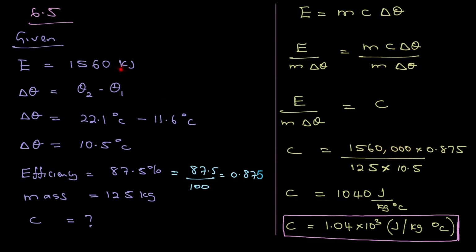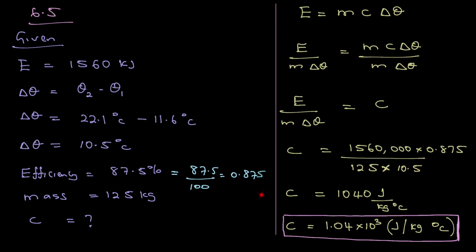1,560,000, because k is 1,000. So we turn it into 1,000 times the efficiency, because efficiency is not 100%. If it's 100%, we times it by 1, but because it's not 100%, we times it by the proportion, which in this case is 0.875.